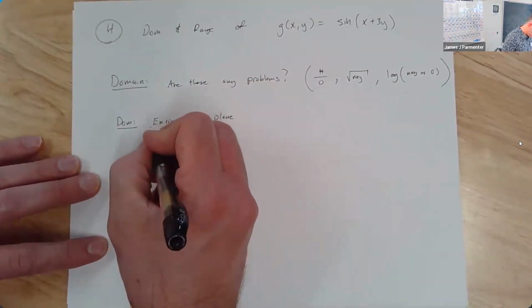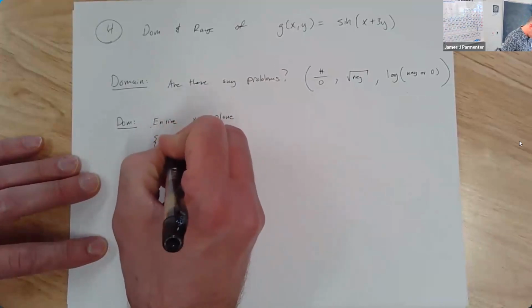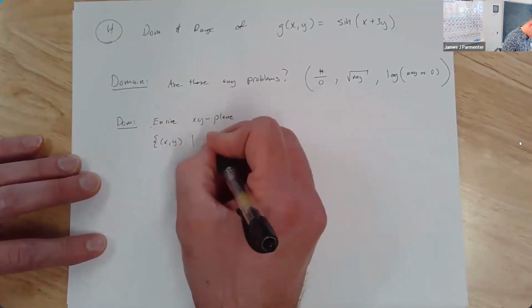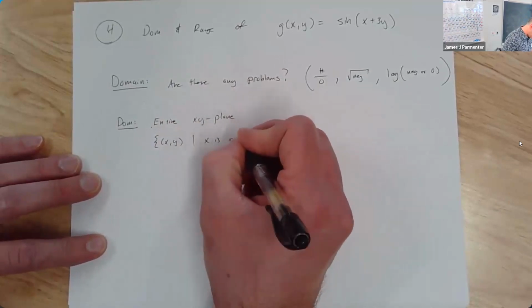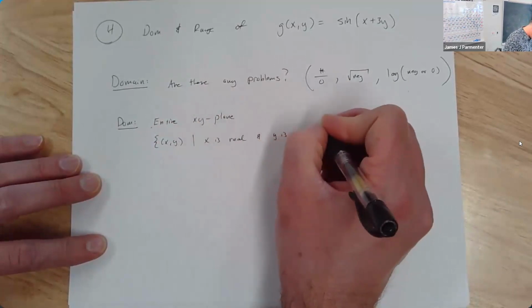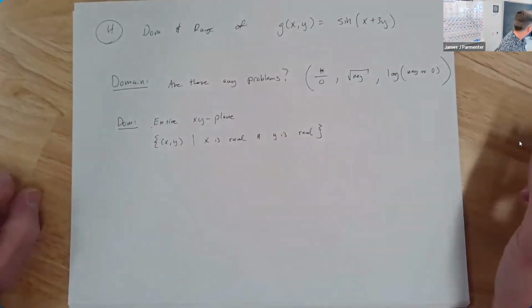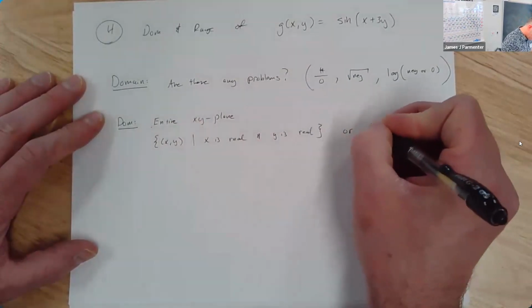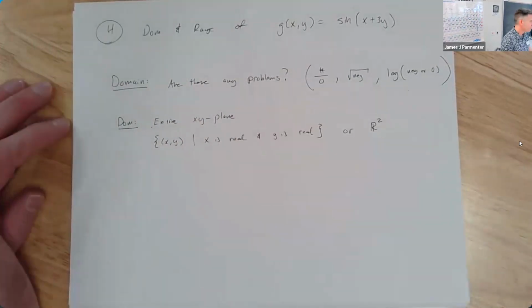But the better way to say this is the set containing x comma y, such that x is real and y is real. Or if you want to be extra fancy about it, you can call it R2.